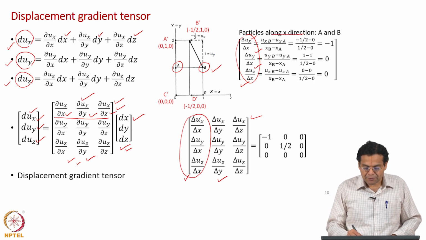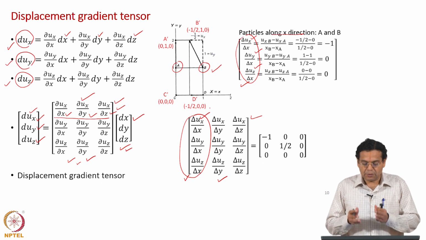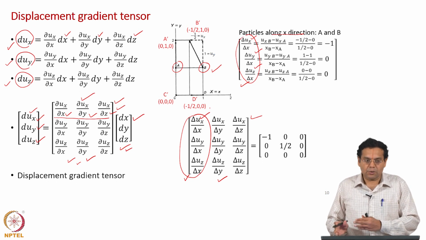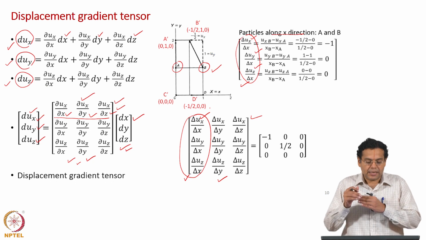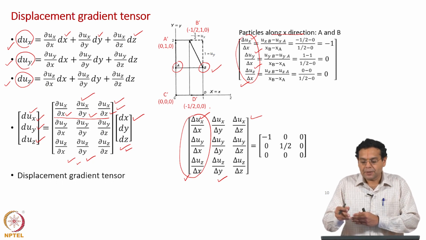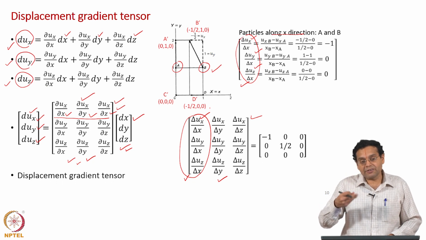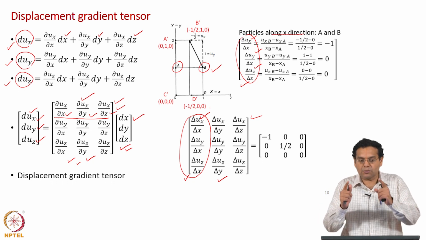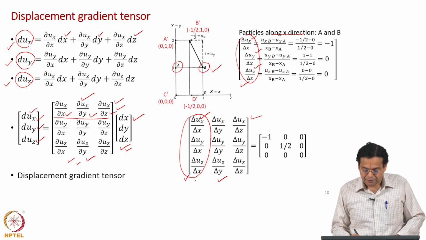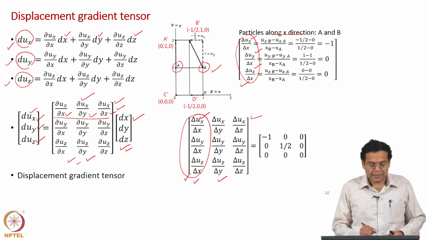That is why we collected them and wrote them as a column rather than a row. So, one row belongs to a displacement in one direction, but when we wrote from here, we took difference in displacement along 3 different directions considering particles along one direction. That is why we collected and wrote them as a column rather than a row.